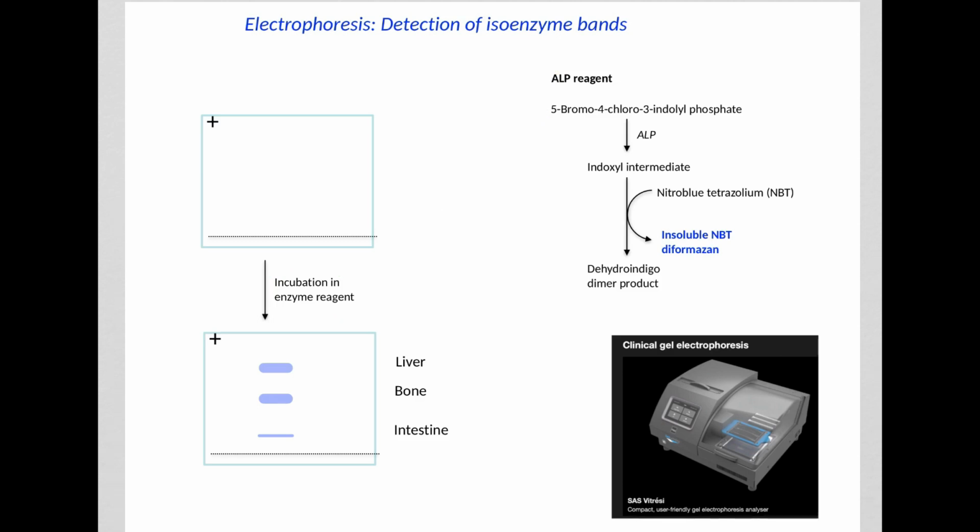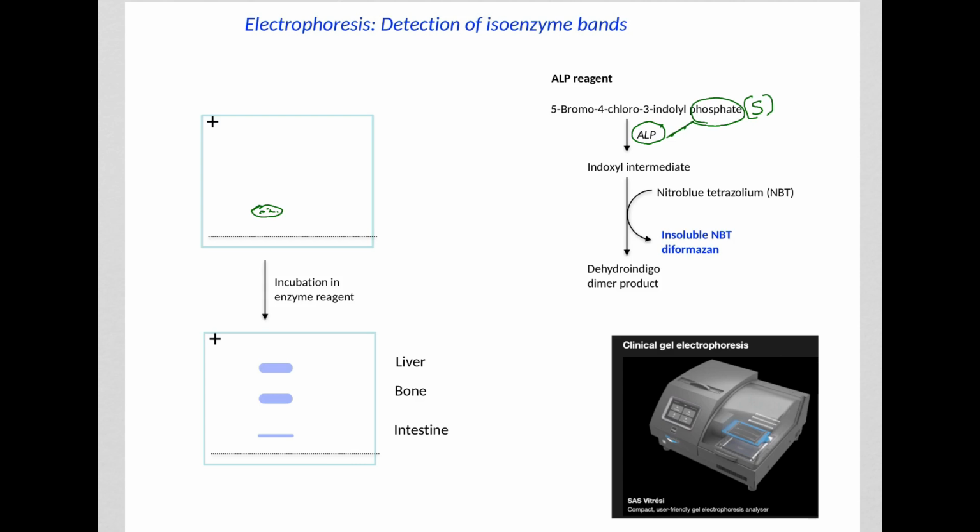What happens is, if there is, let's say, an alkaline phosphatase band somewhere here, this enzyme will convert the substrate. Here the substrate used is a specialized substrate, 5-bromo-4-chloro-3-indolyl phosphate, and the phosphate is removed. That's what alkaline phosphatase does.